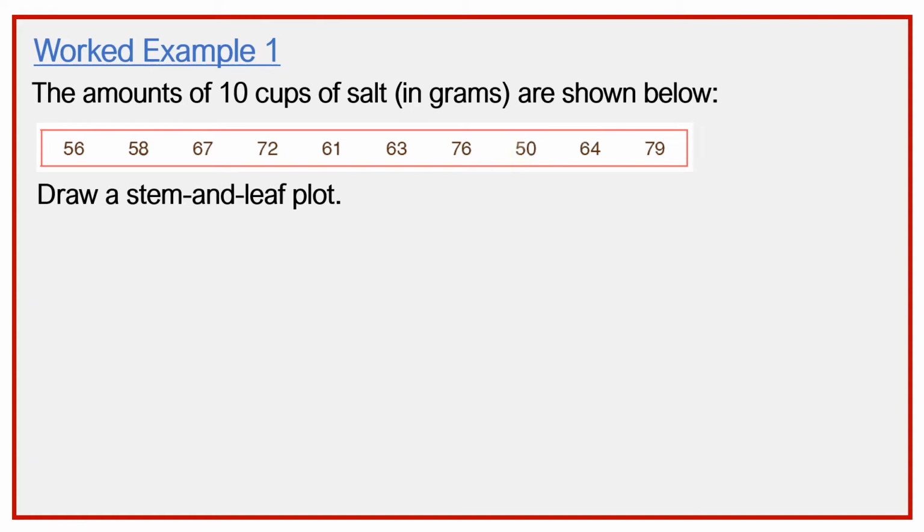Okay. Let us now look at example number 1. The amounts of 10 cups of salt in grams are shown below. Draw a stem and leaf plot. So, we have 10 cups of salt, shown in grams.